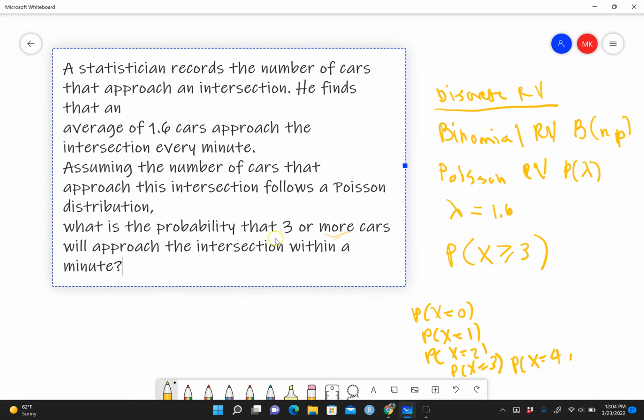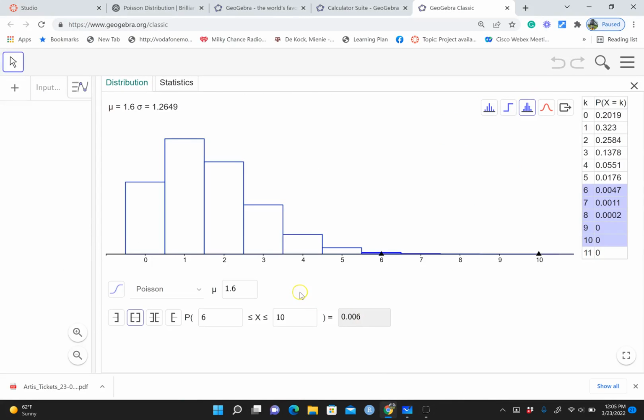So that's what we are asked to find. What is the probability that 3 or more cars approach? That means the probability that x is greater than or equal to 3. So we're going to just pick this square bracket here, the right-sided square bracket, x is greater than or equal to 3. There you go.